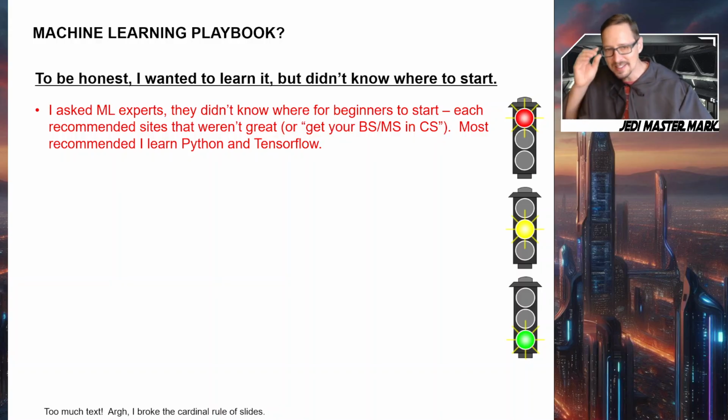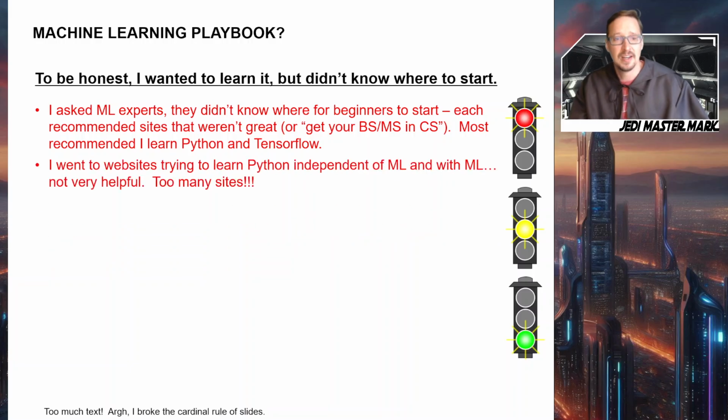Some recommended sites that weren't that great. Some just said you should go back to college and get another bachelor's or master's degree in computer science. Most would recommend Python and TensorFlow as a tool that a lot of us are comfortable using for machine learning algorithms.